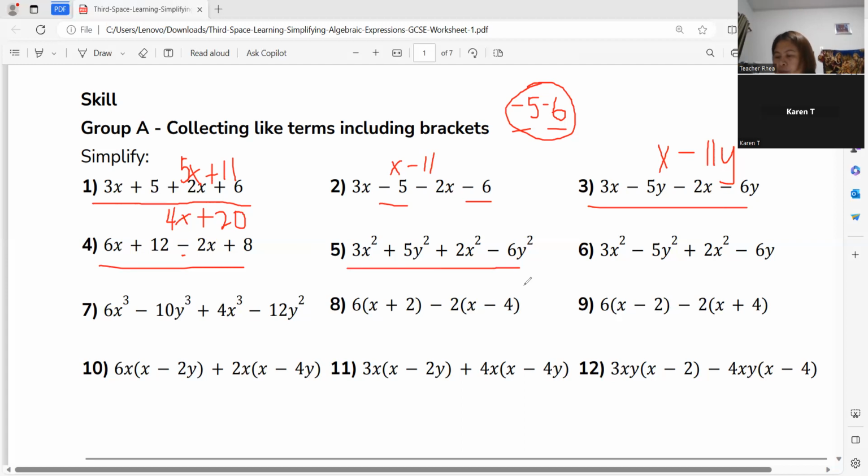Number 5. 11x. Why 11x? Where did you get 11x?